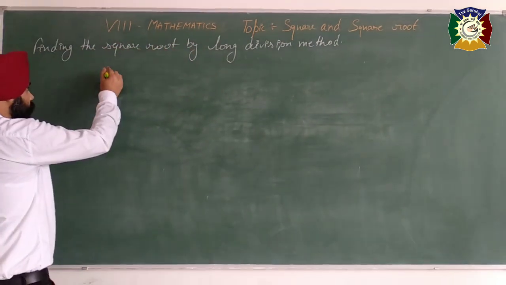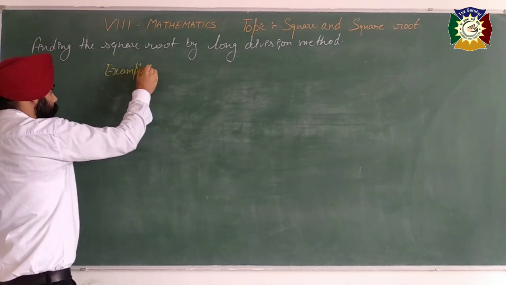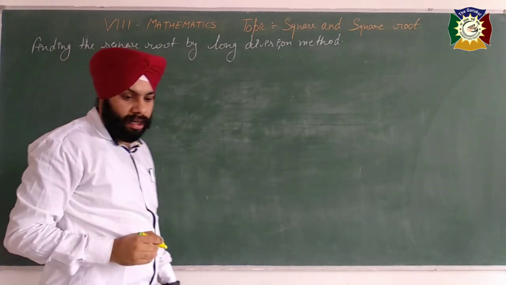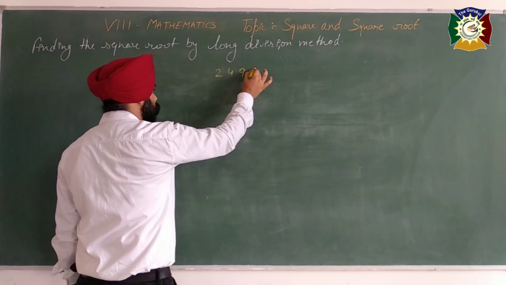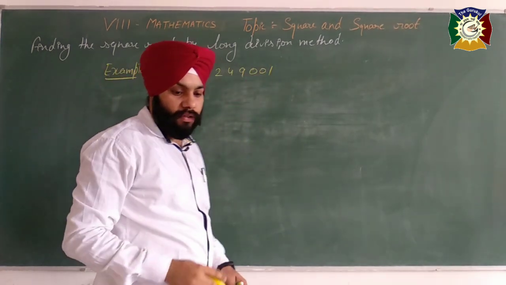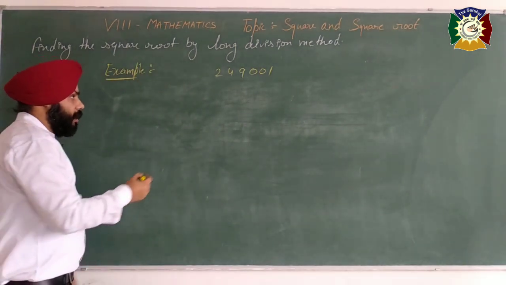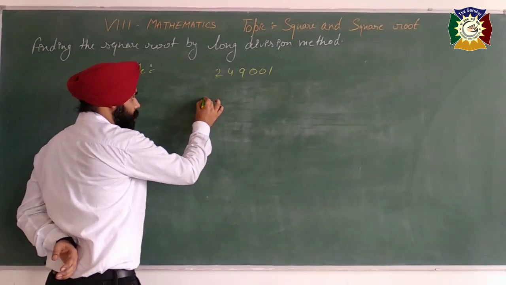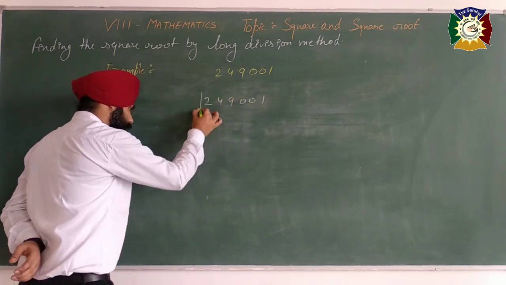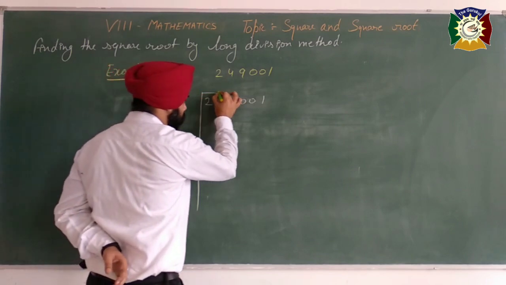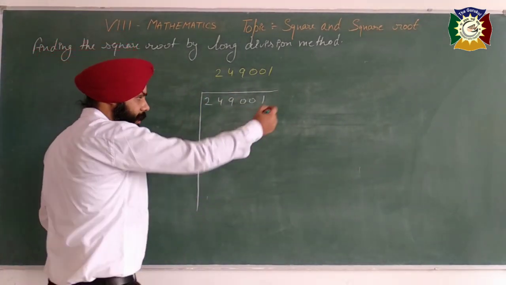Suppose I show an example. The number given is 2490001, and we have to find the square root of this number. For this, first of all you have to write this number 2490001 under the division symbol, and start to make pairs from the very right.